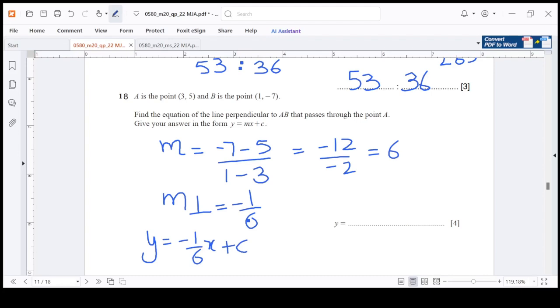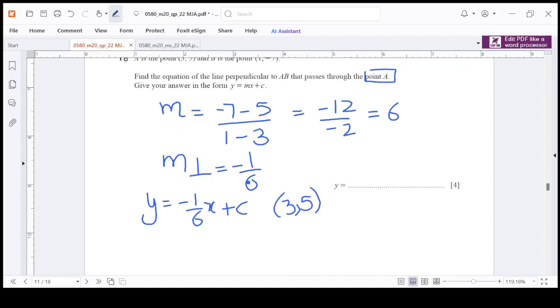We need the value of c. So we need a point through which this line passes, and that point is A. This line passes through A and the coordinates of A are (3, 5). So we can plug in these coordinates here. So we get 5 equals minus 3 upon 6 plus c. This is minus half.